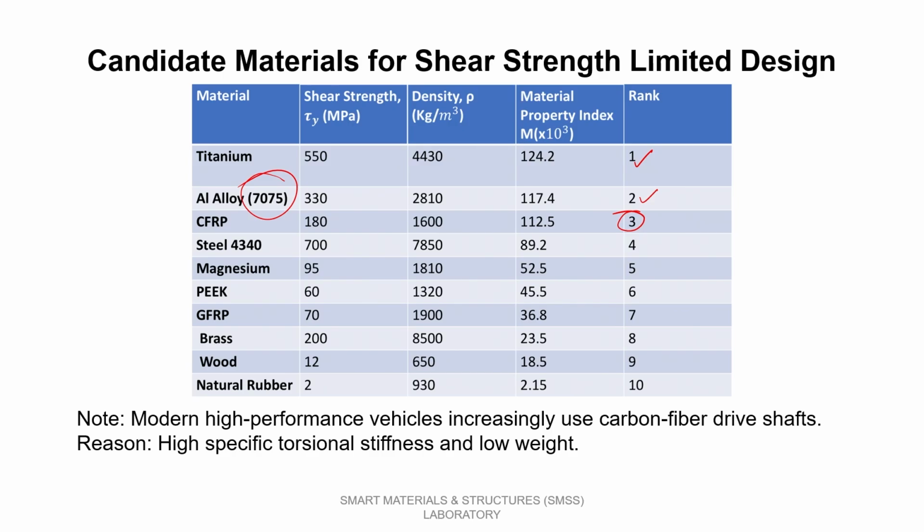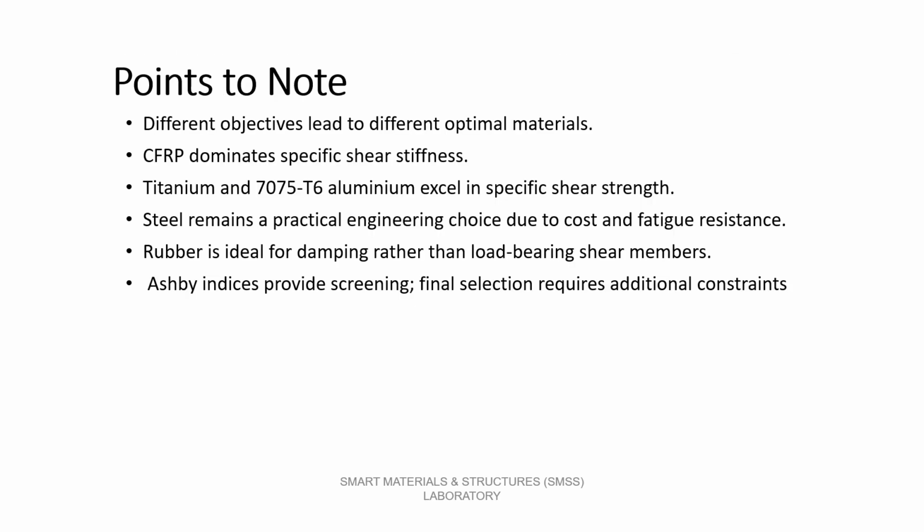So, you see, depending on what you want to limit your design on, whether it is stiffness or strength, the material varies. The point to note is that different objectives lead to different optimal materials. CFRP dominates in specific shear stiffness, but titanium and aluminum alloy excel in specific shear strength.